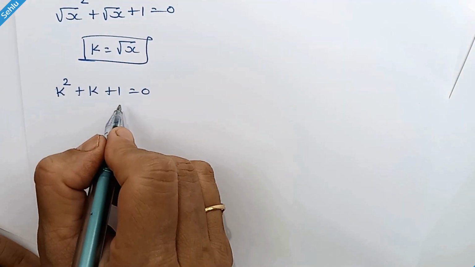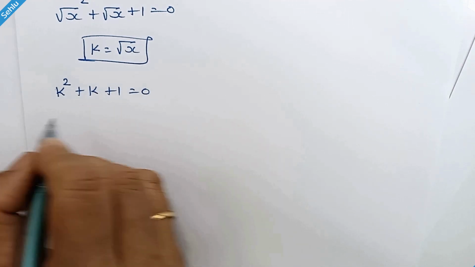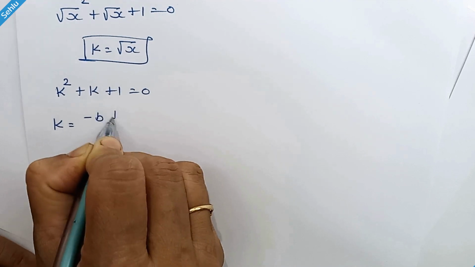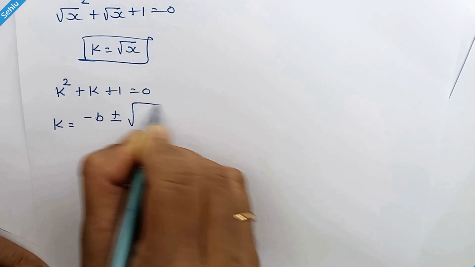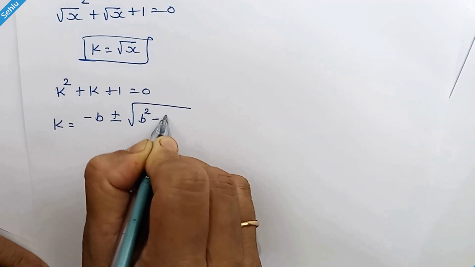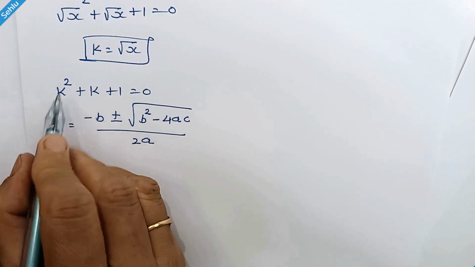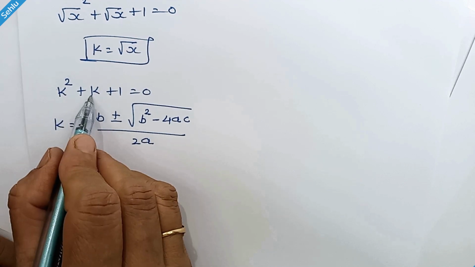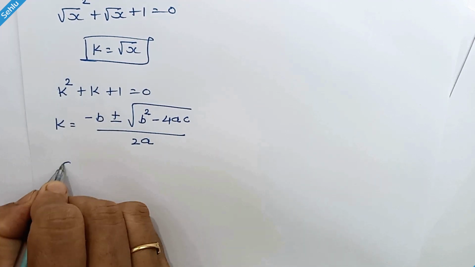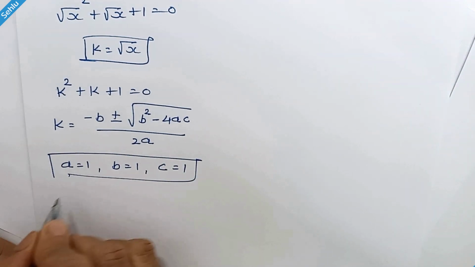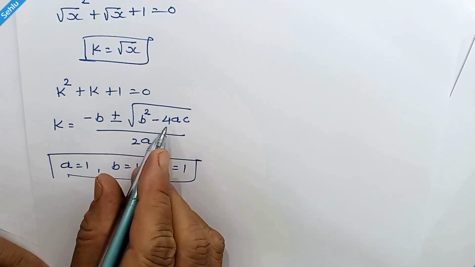This is a quadratic equation and the standard quadratic formula is k is equal to negative b plus or minus square root of b squared minus 4ac over 2a. Here a is 1, b is 1 and c is 1. Let's put these values in this formula.